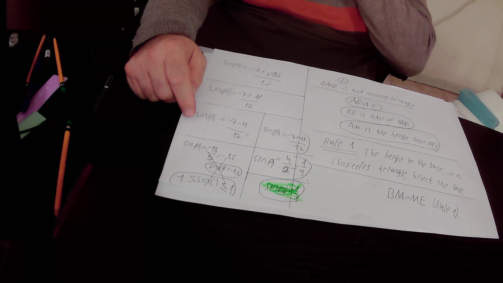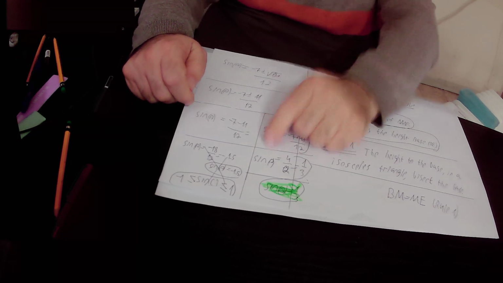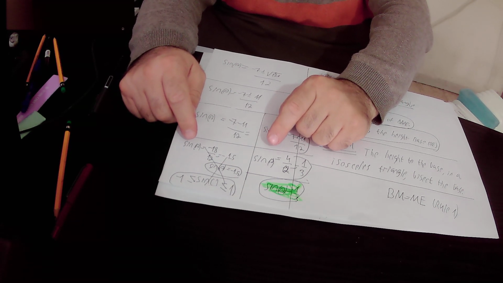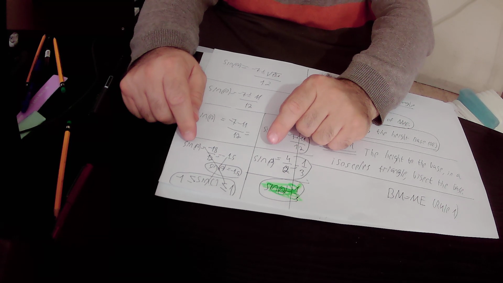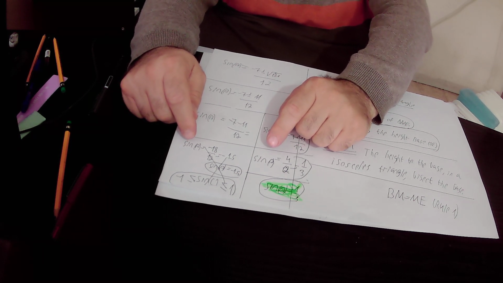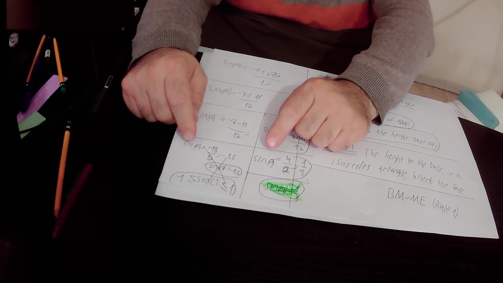But because of the fact that the range of sinus theta is between minus 1 to 1, sinus theta can accept only values from minus 1 to 1.